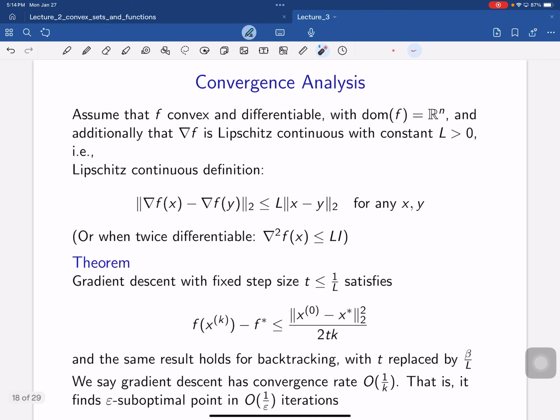Now let's talk a little bit about convergence analysis. If you take a convex optimization class from, let's say, industrial engineering, most of the class will be about how to prove convergence, how to prove convergence rates, and so forth, right?